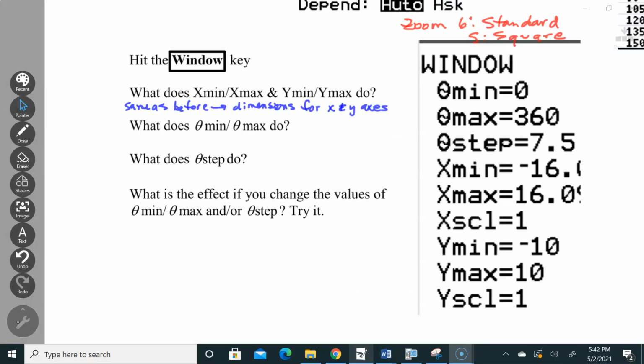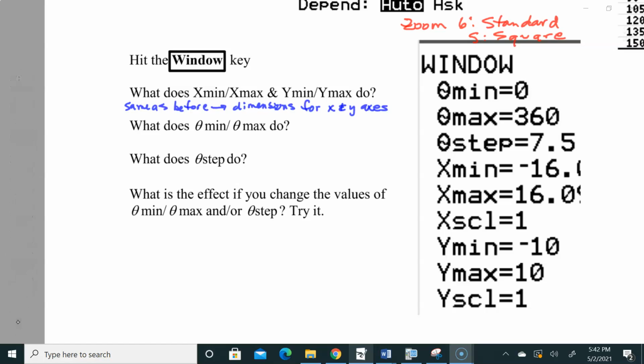So the first three you see on a window are theta min, theta max, and theta step. Theta min and max set up the beginning angle for theta and the ending angle for theta that is going to be used to calculate all the points that need to be drawn. Theta is the input, so it is actually telling what input is being used to draw this polar graph.